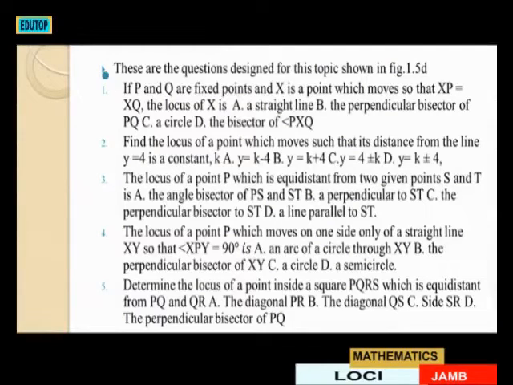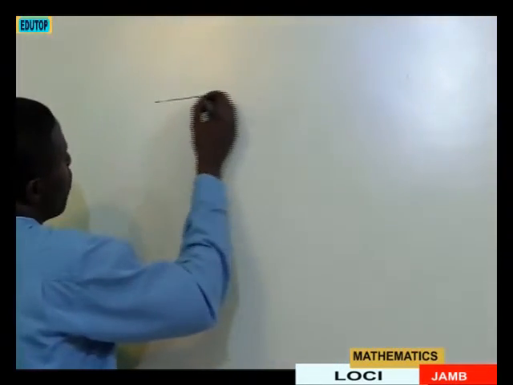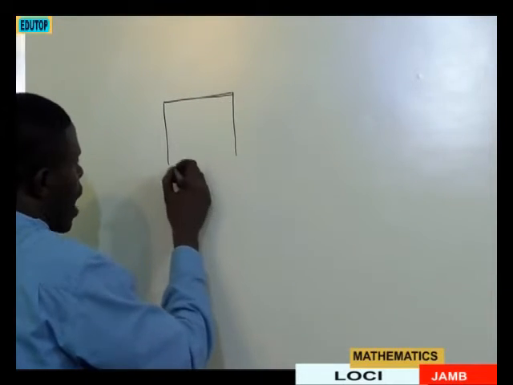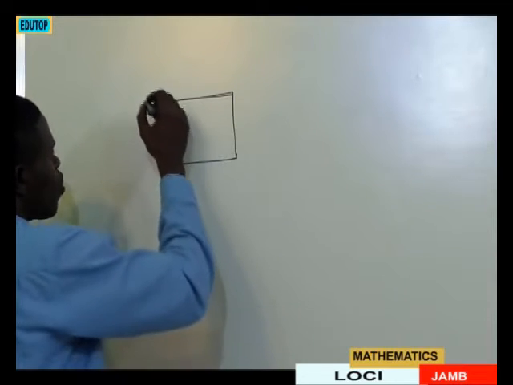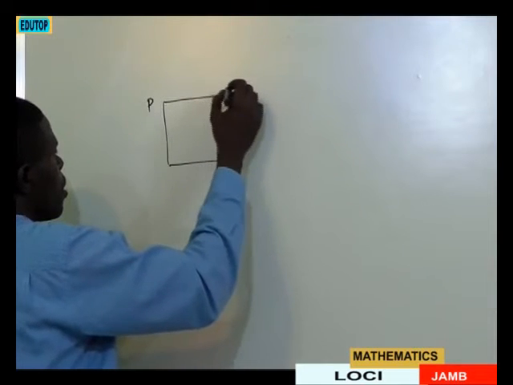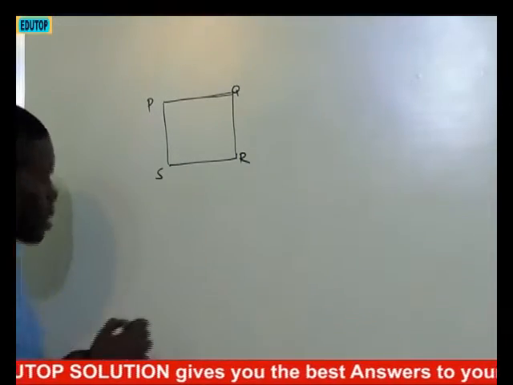Now, question 5. Determine the locus of a point inside a square PQRS, which is equidistant from PQ and QR. So if you look at that, you discover that we have a square, and that locus is found inside the square. So let's say we have PQRS.